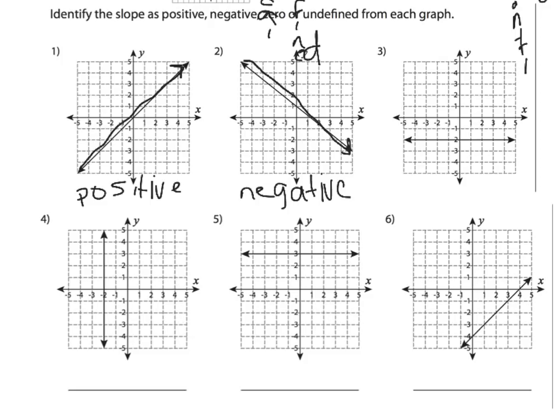In example number 3, you have a horizontal line. We can remember HOI. Horizontal is 0. So your slope is 0.